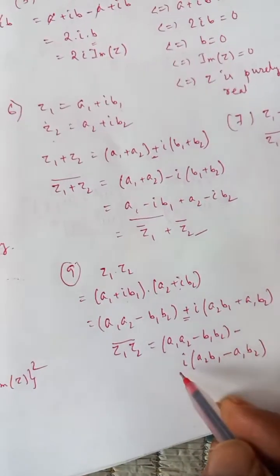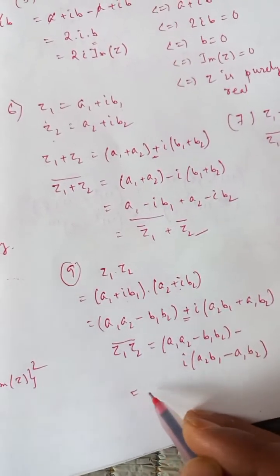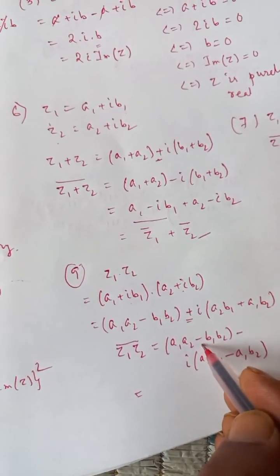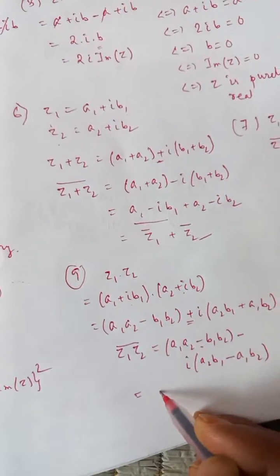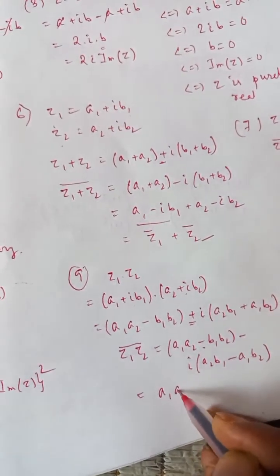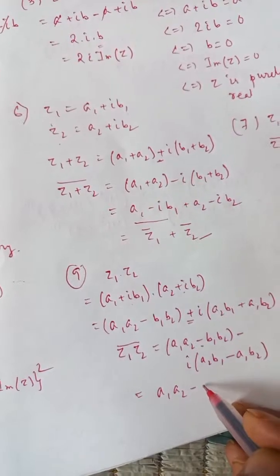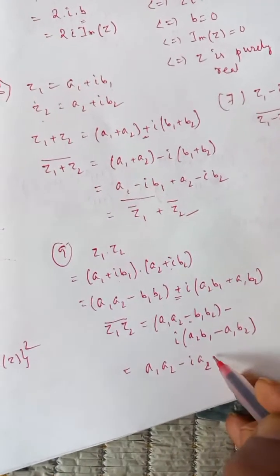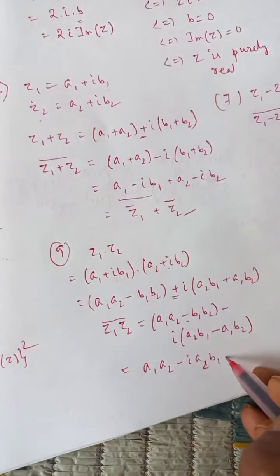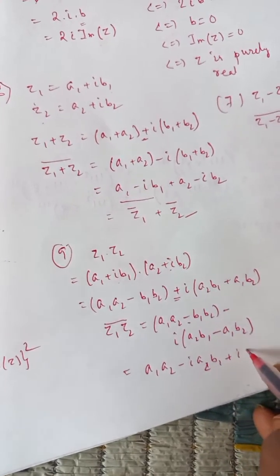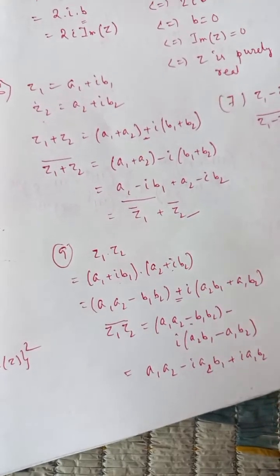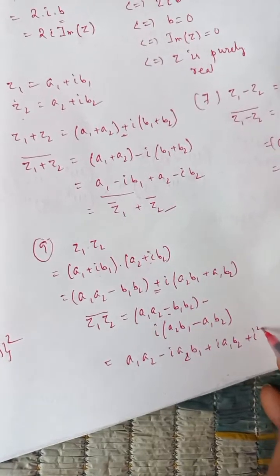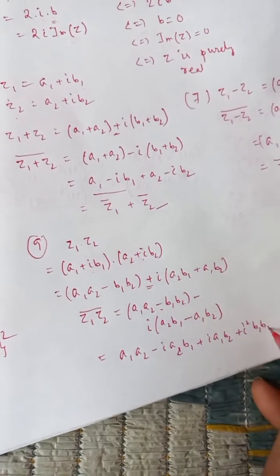Now if we rearrange this again, this will be a1 a2 minus iota a1 a2 b1 minus iota a1 b2 plus iota square b1 b2.